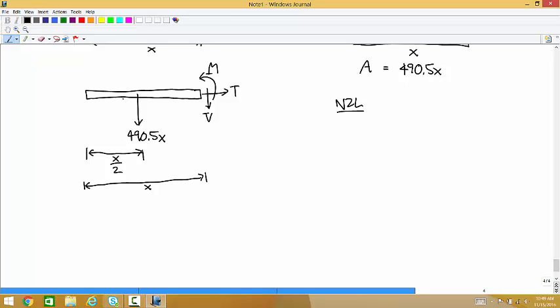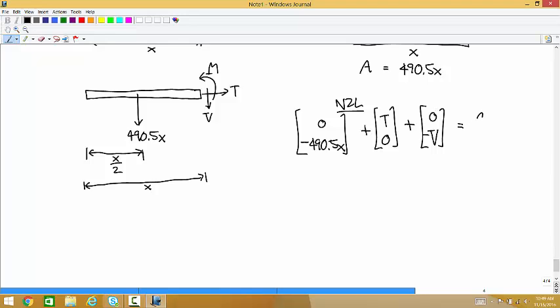Okay. Newton's second law says 0 equals negative 490.5x plus T, and 0 equals negative V. So T is equal to 0, and V is equal to negative 490.5x.